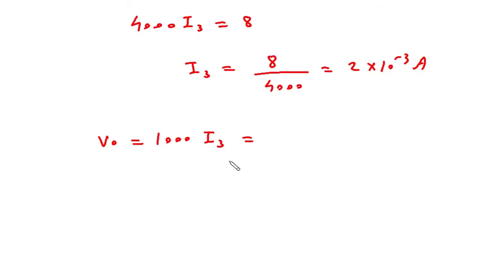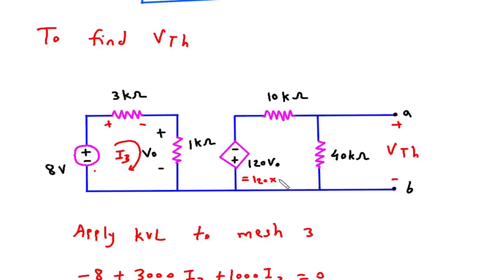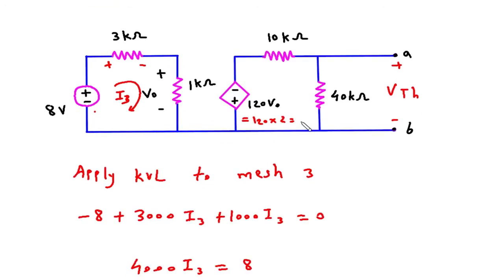So it is 2 volt, the value of VO is equal to 2 volt. So this will be 120 into 2. This will be 240 volt. This is 240 volt.